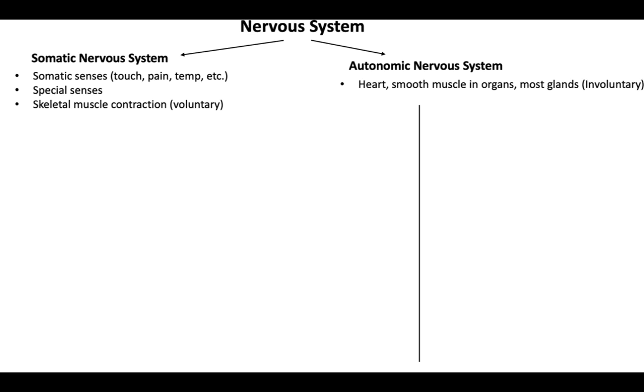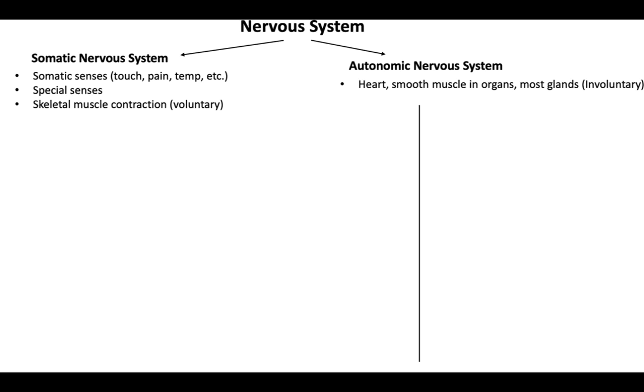All right. So the somatic nervous system. Both of these systems have input from senses. They have parts of the CNS that are involved, and then they have motor output that controls organs or effectors. Just as a review, the somatic nervous system uses senses from touch, pain, temperature, and a lot of other somatic senses.